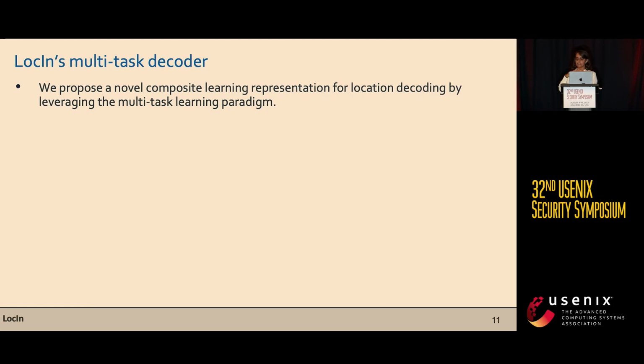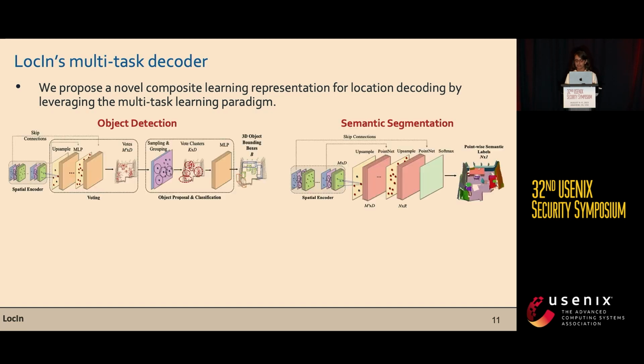Now, given the user's environment spatial representation, LocIn predicts the indoor location by first extracting high-level geometric features and then combining these geometric features with the map's contextual patterns that are extracted through object and semantic segmentation tasks. Specifically, we leverage a voting-based module for identifying 3D points belonging to objects and a hierarchical feature propagation technique to detect surface and point-wise object labels for each object and surface present in the environment.